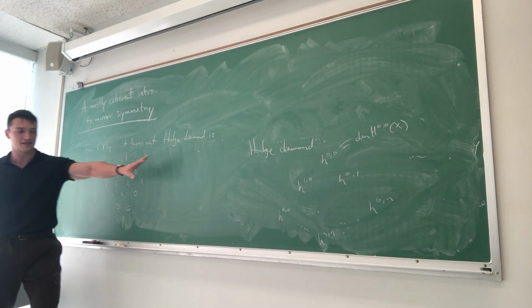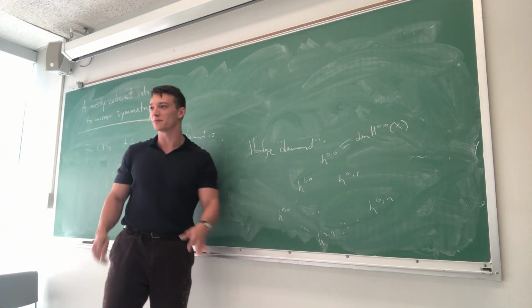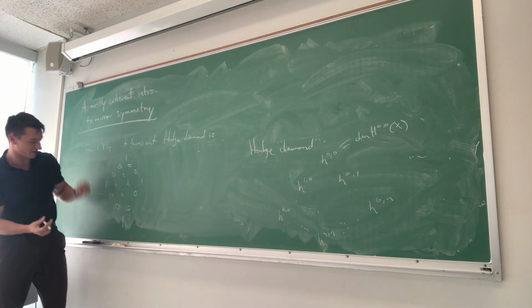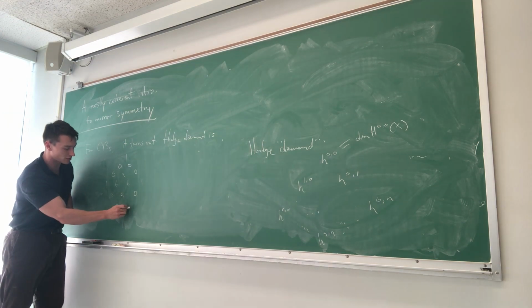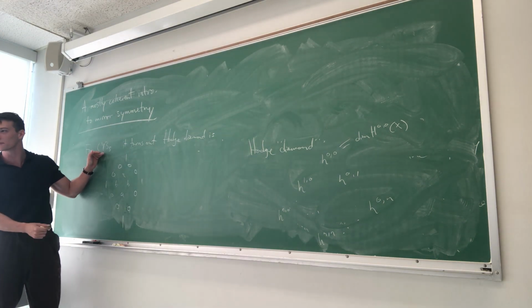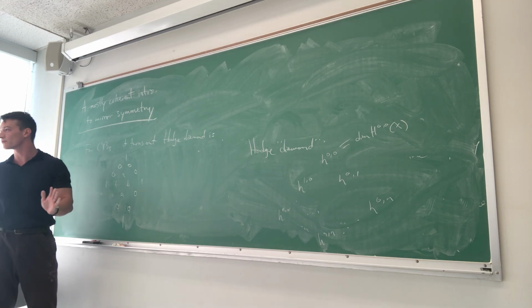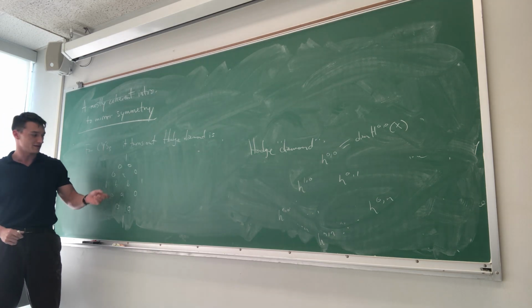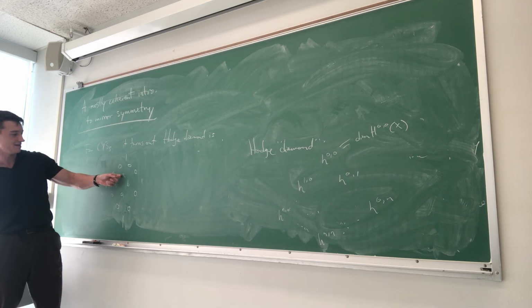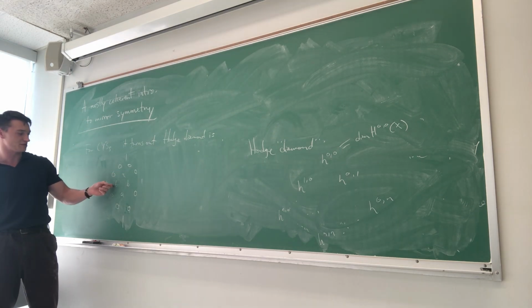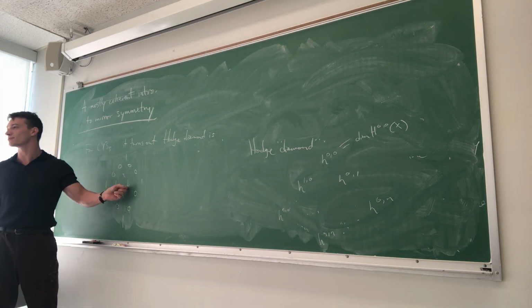There are various symmetries that are always true of this Hodge diamond, and without even mentioning them, this is what it always has to be for a Calabi-Yau threefold. The important thing to note here is that there are only two parameters for us to work with: h^{1,1}, which we're calling A, and h^{2,1} or h^{1,2}, which we're calling B.